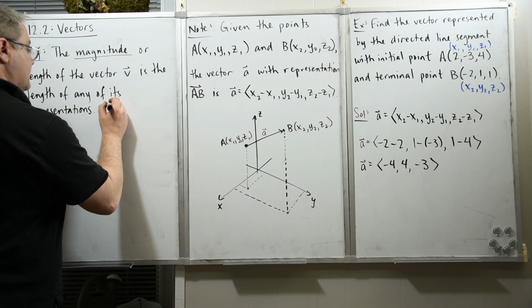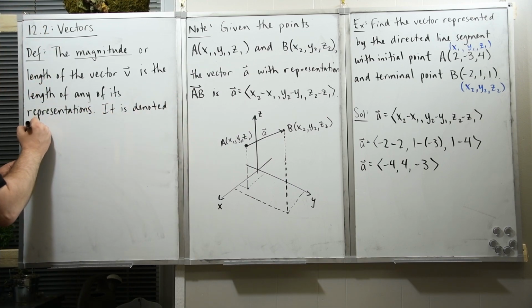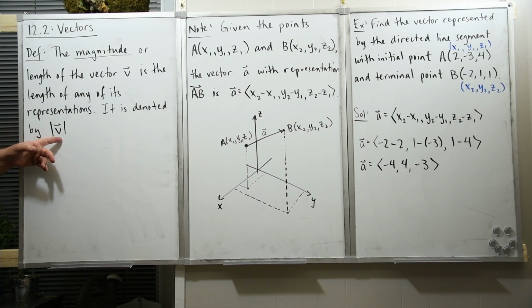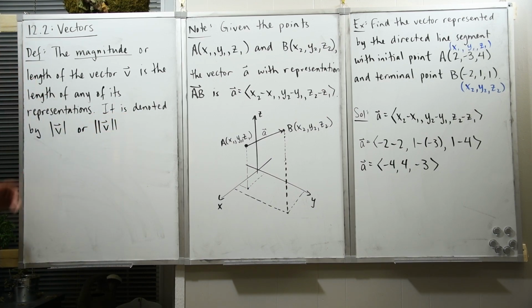And it's just denoted by, you'll see vector v with what looks like absolute value signs, or sometimes you'll see sort of a doubling up. So either one of these represents the magnitude of v.